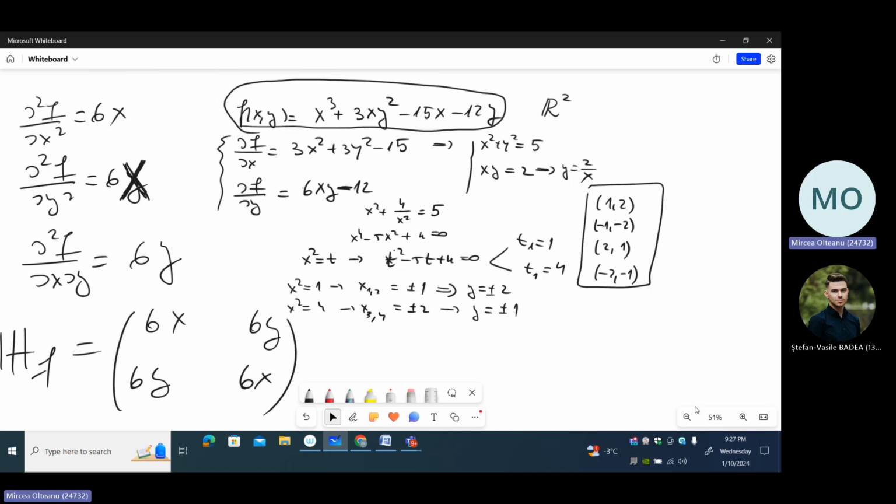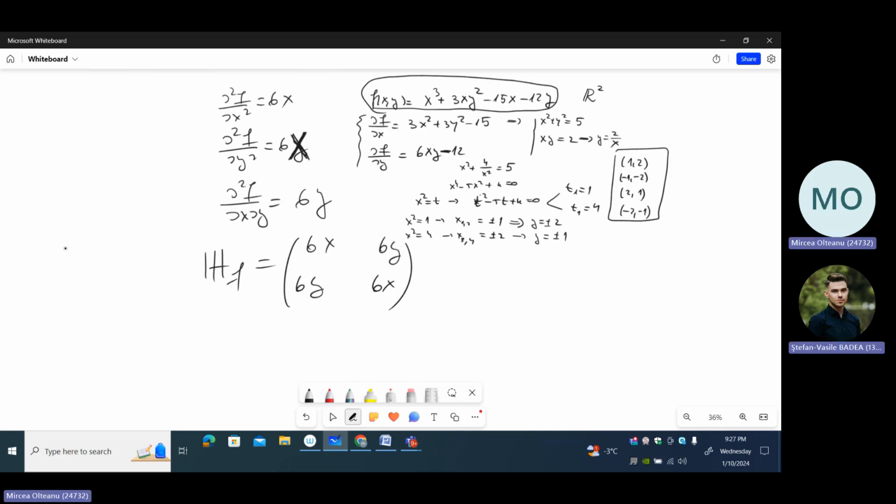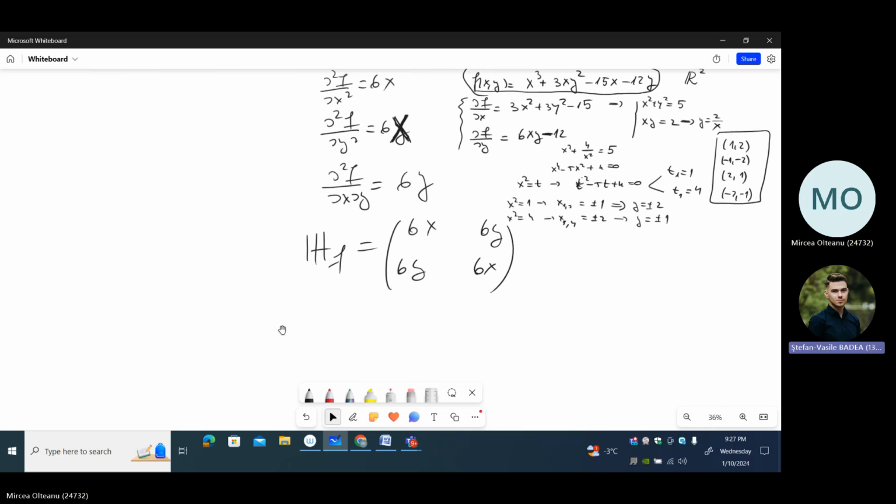Yes. It's always a symmetric matrix, of course. And now the Hessian matrix at the critical points. So the Hessian matrix at 1, 2 is 6, 12, 12, 6.